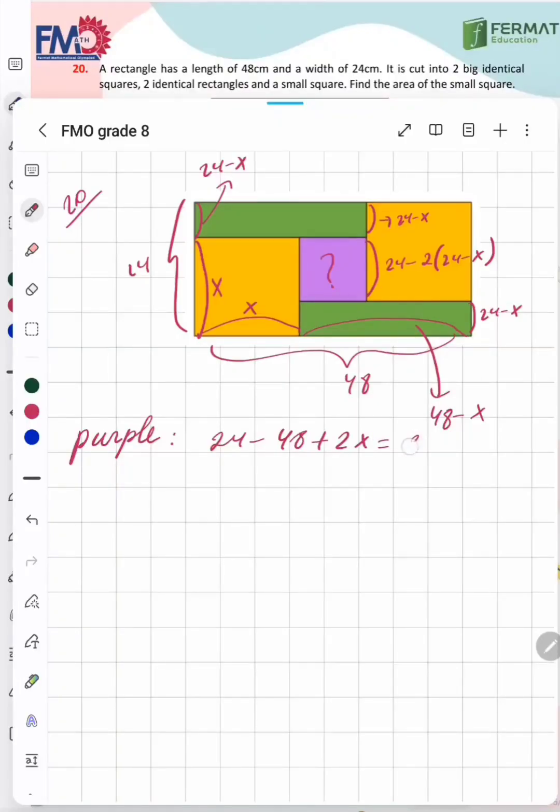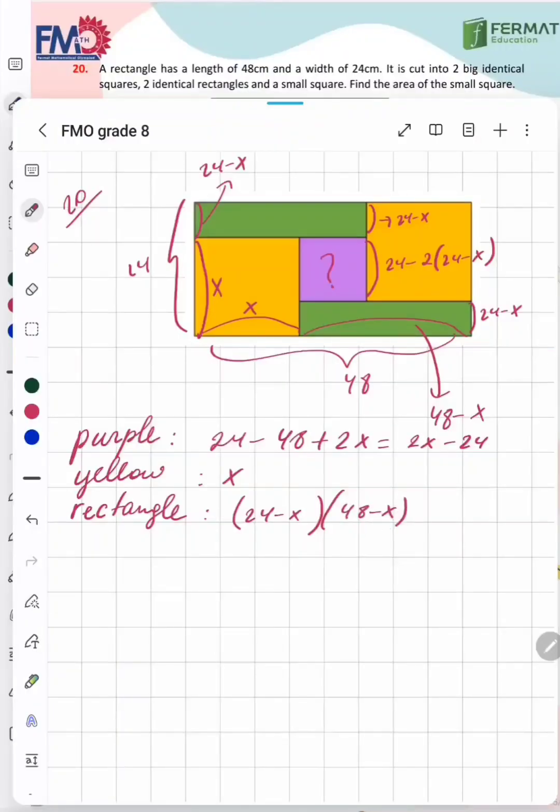We have 2x positive and 24 negative. Now, 2x minus 24 is the side of the purple square, a yellow square has a side of x, and the rectangle has dimensions of 24 minus x and 48 minus x.